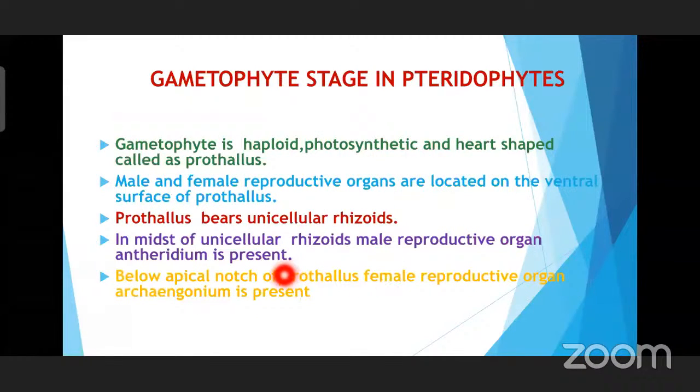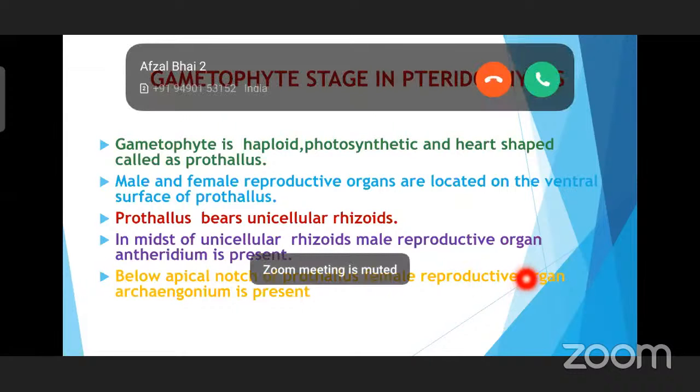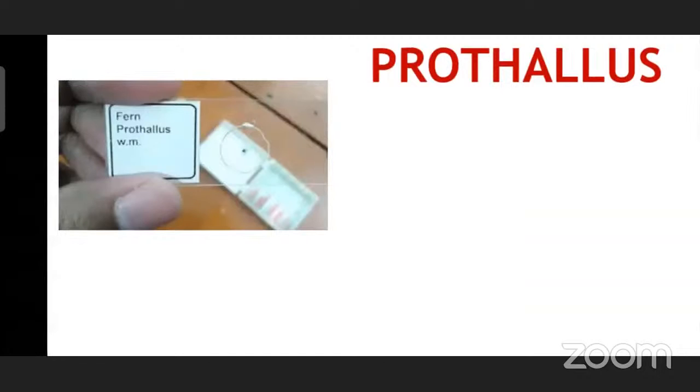Below the apical notch of the prothallus, at the apex region where you can see a heart-shaped structure, there is an opening here from where the male gamete is going to enter. The slide is there, so you can imagine how small it will be.